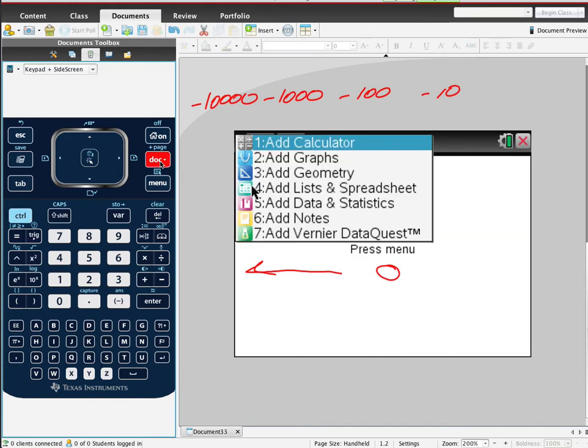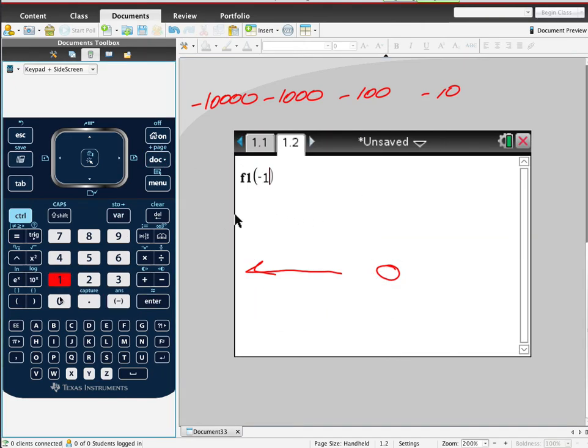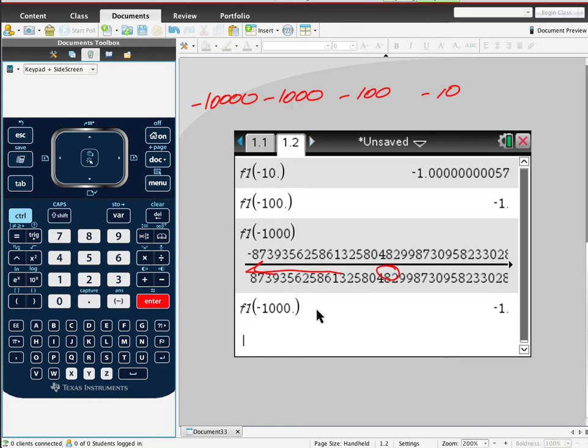So control dot, calculator, variable, enter, negative 10. Don't forget your decimal. Variable, enter, negative 100. Okay, whoops, I forgot my decimal again. Okay.